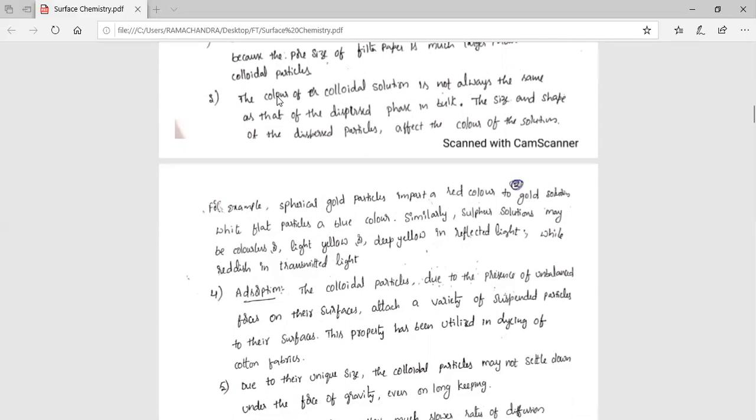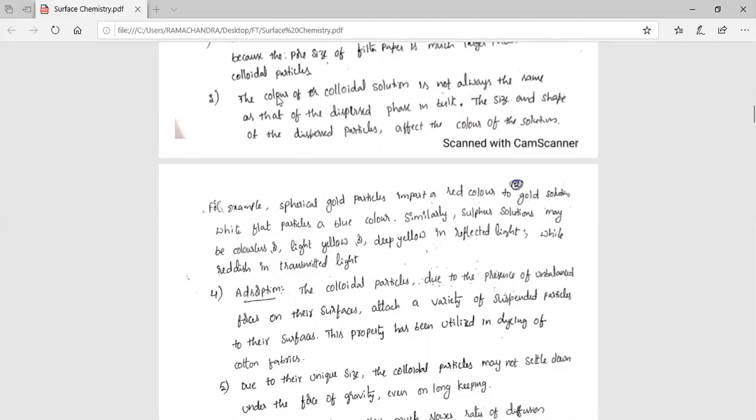For example, spherical gold particles impart a red color to gold solution, while other particles give a blue color.